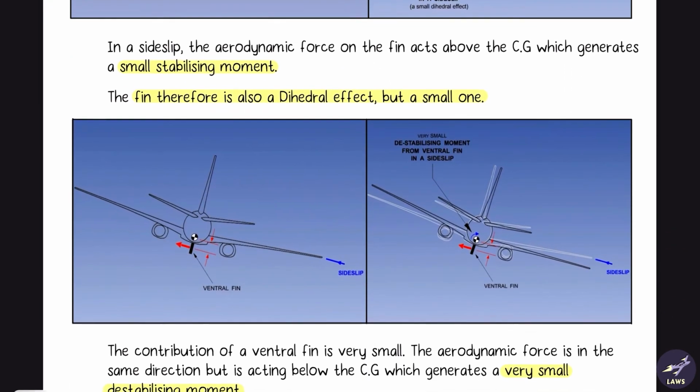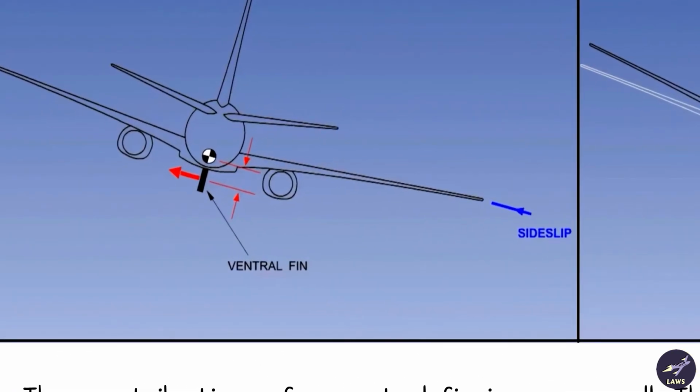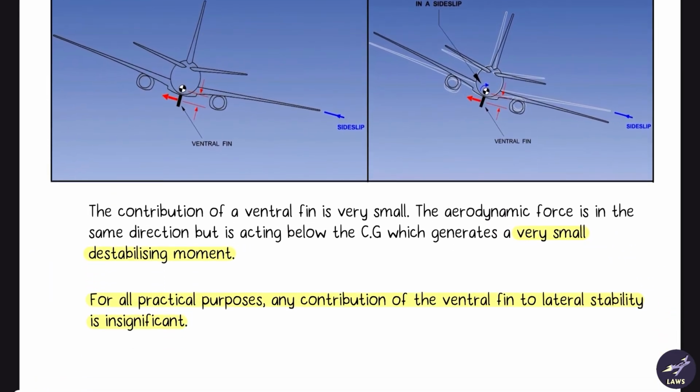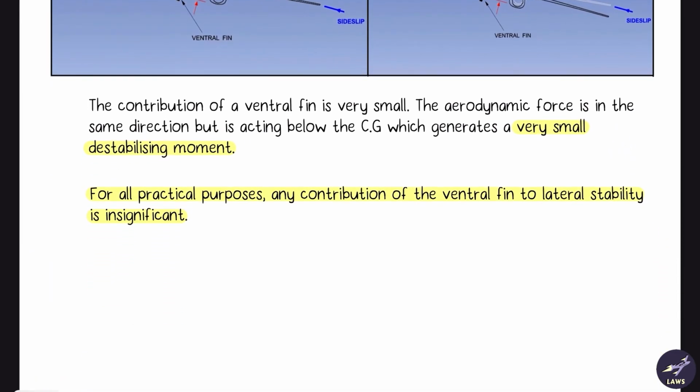But in case of the ventral fin, okay, which is below the center of gravity, so both fins are giving the force in the same direction. Okay, but since the ventral fin is below, it is providing a small destabilizing effect. Okay, so it is not much of a factor because the size of it is so small, so it doesn't really matter that much. Any contribution of the ventral fin to lateral stability is insignificant.